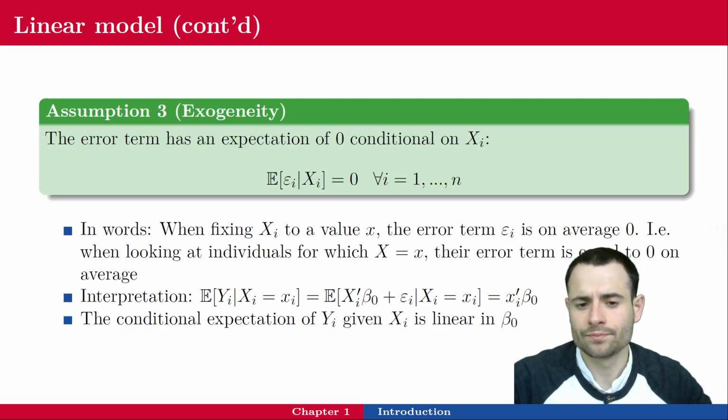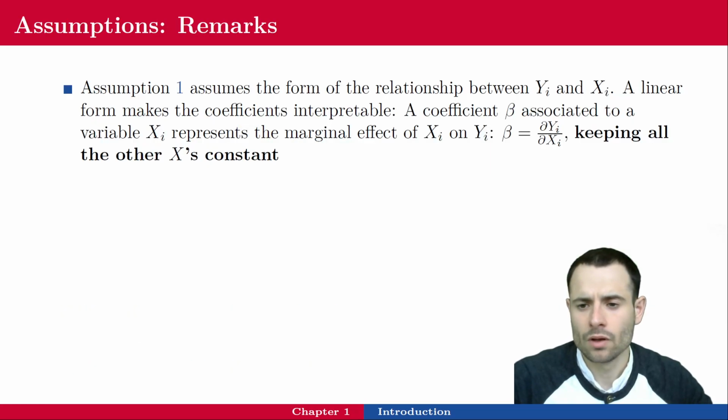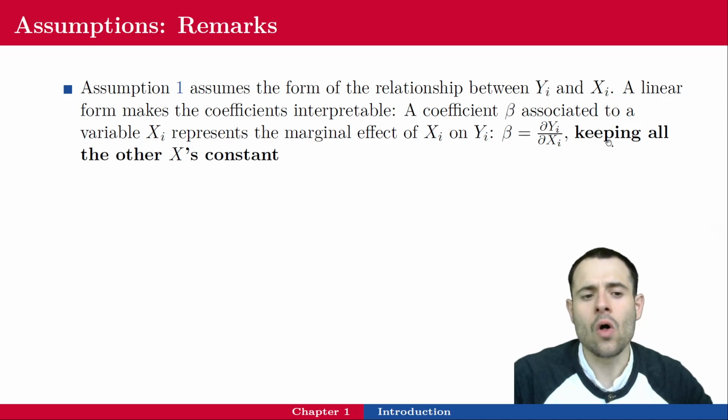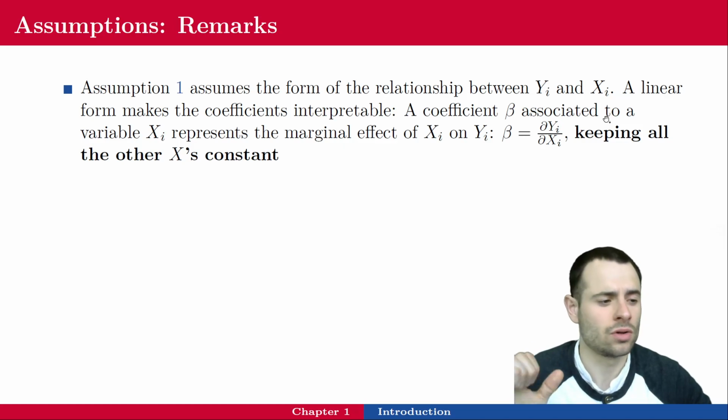So if beta is the coefficient associated to xi, when I take the derivative of y with respect to x, I get beta, keeping all the other x's constant, as usual.